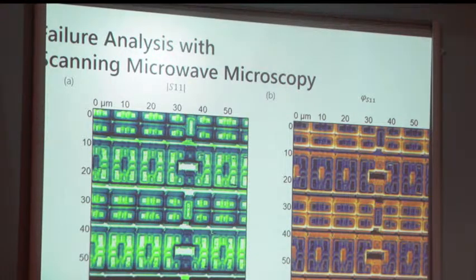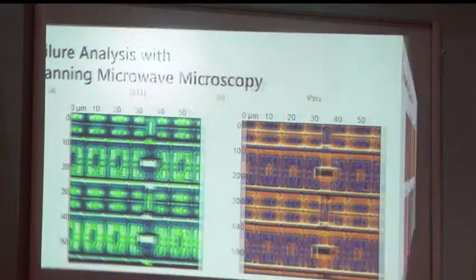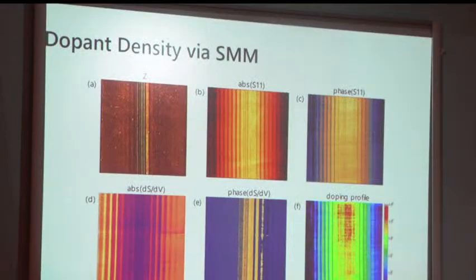And since their bandwidth is so large, their sensitivity is also very high. So using scanning microwave microscopy, you can demonstrate the capacitance quantitatively, and you can also provide the dopant profile, like N-type and P-type materials. So you can study all these things via scanning microwave microscopy.